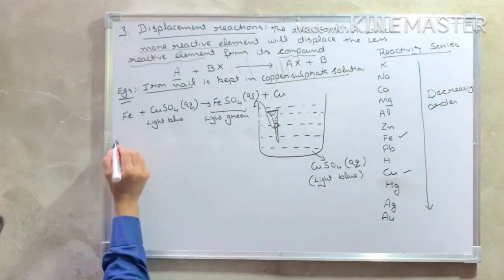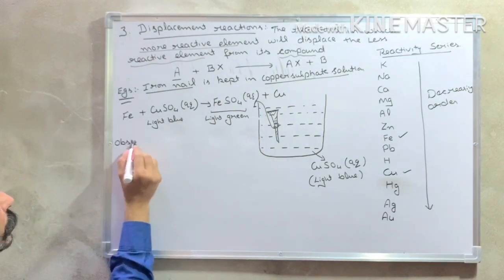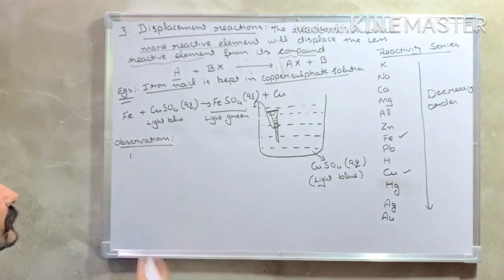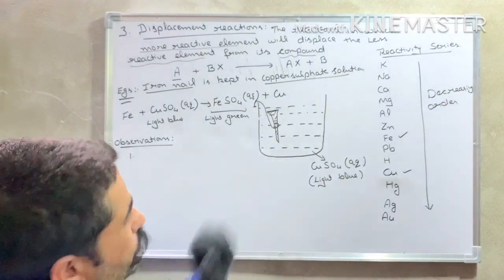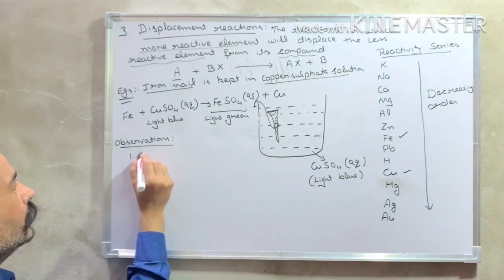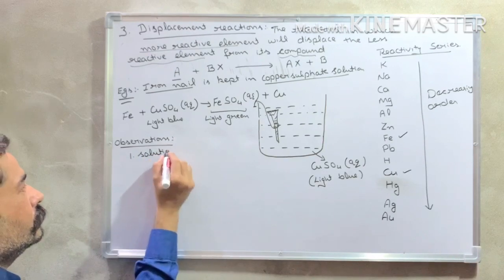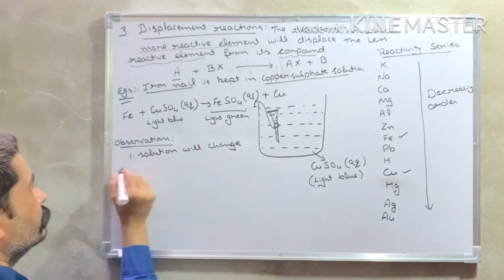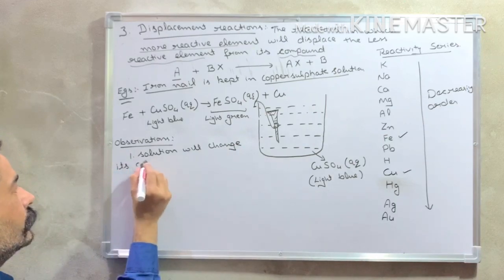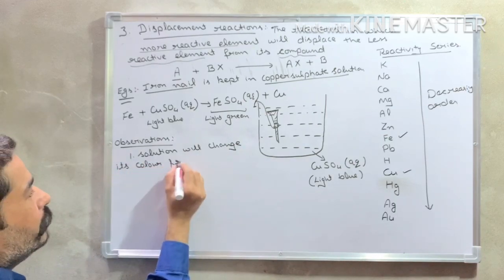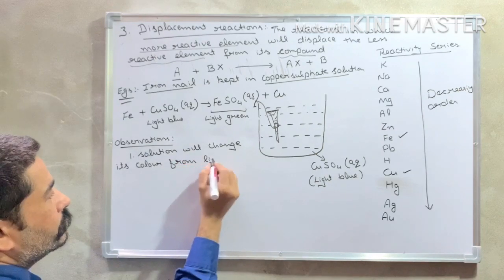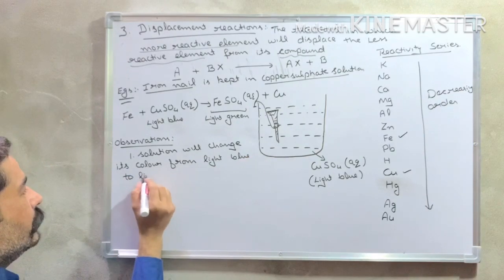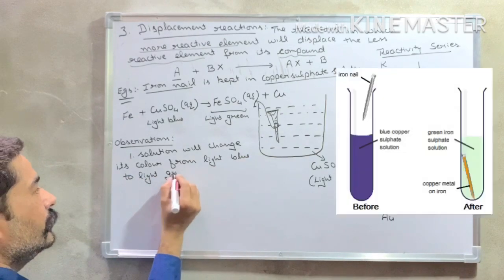Okay, so now observations, what will you observe in this reaction? One is there is a color change in the solution. So the solution will change its color from light blue to light green.